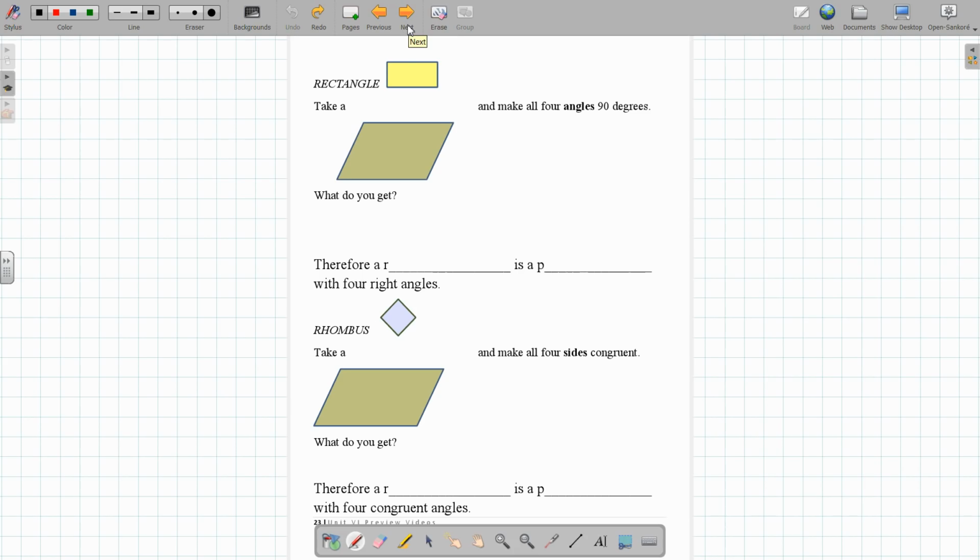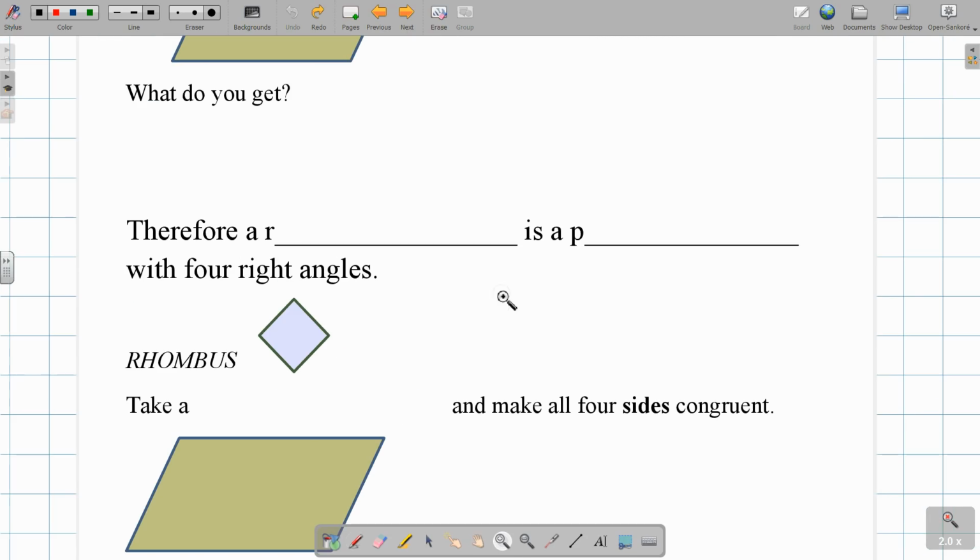Now we're going to ask ourselves specifically what makes a parallelogram become a rectangle or a rhombus.